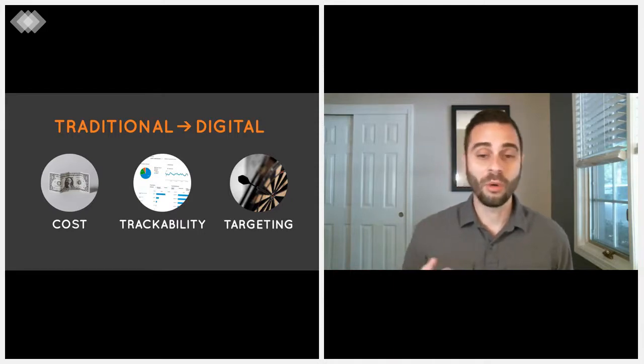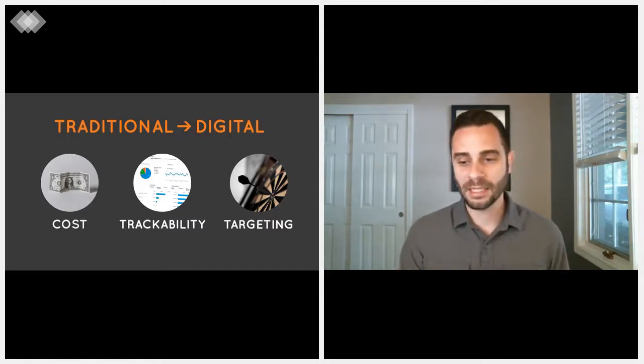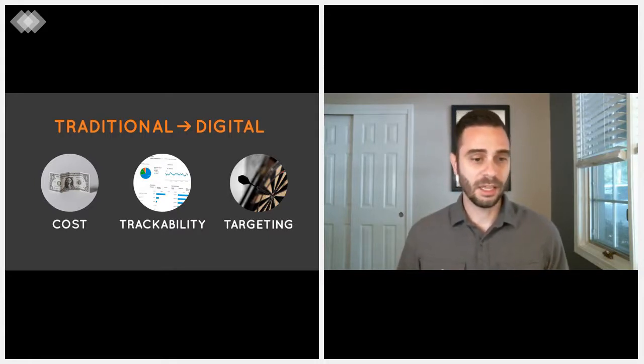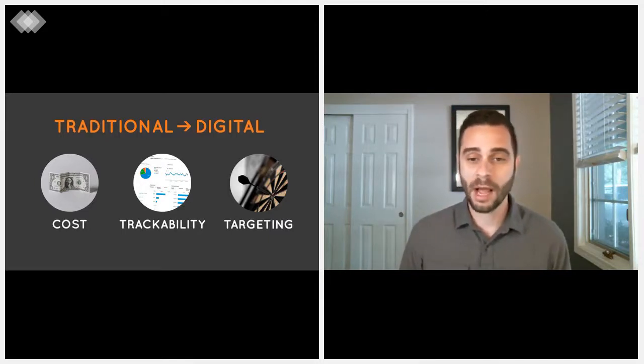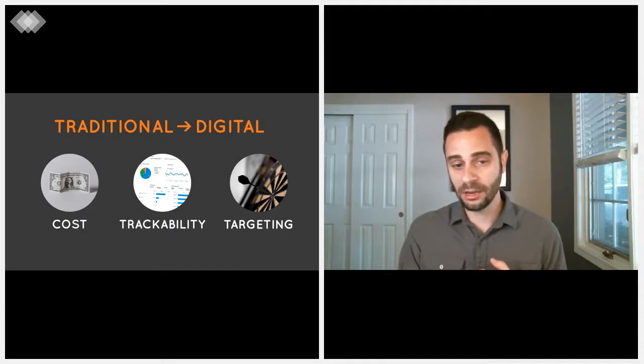You know, they've always placed print ads, they've always run radio ads, but they don't really know how much that impacts their organization's lead generation or sales. And the ability for digital marketing to really pinpoint and precisely track back what is working based on what channels, what audiences, what messages, what creative, gives you a lot more insight into what is working.